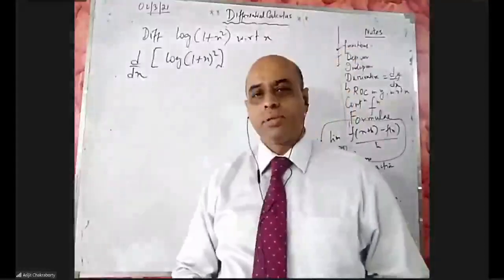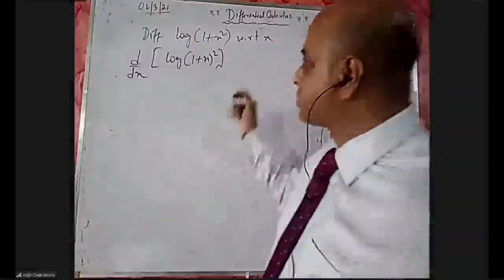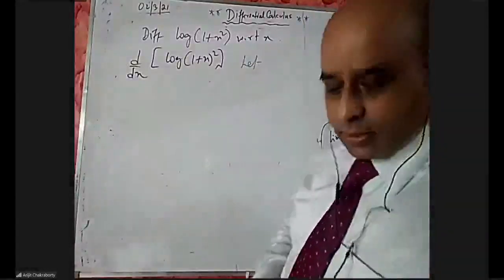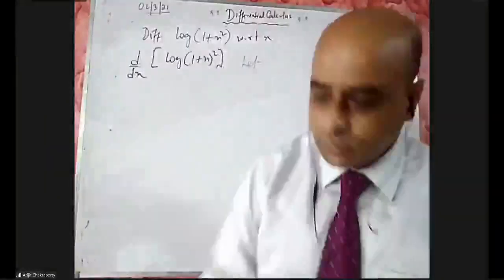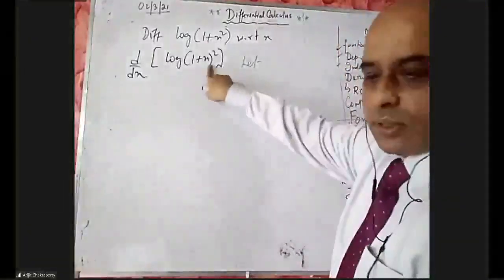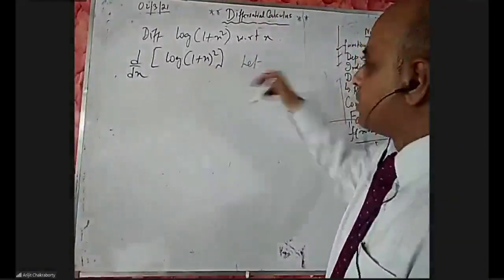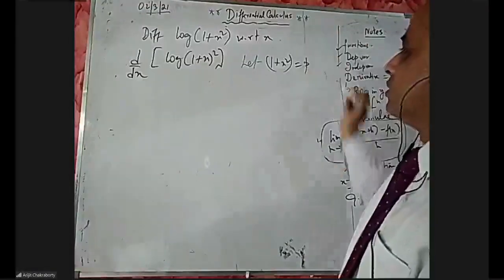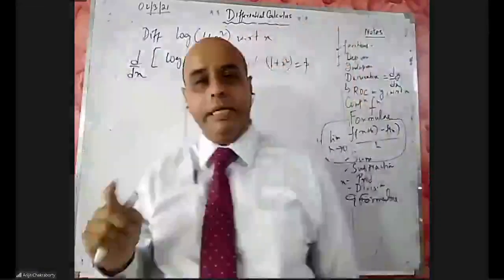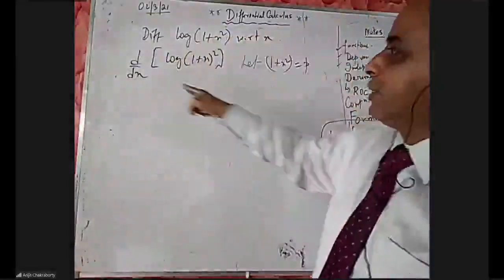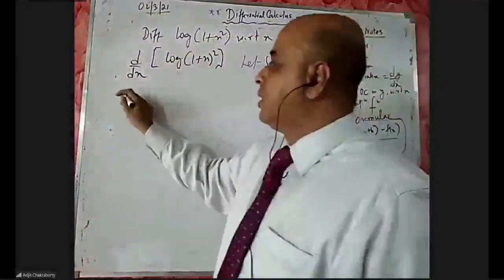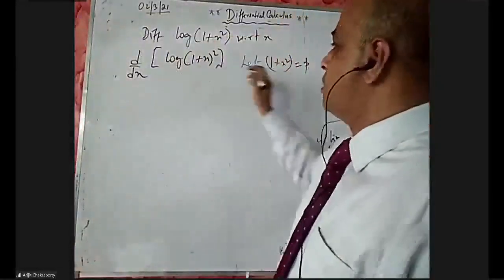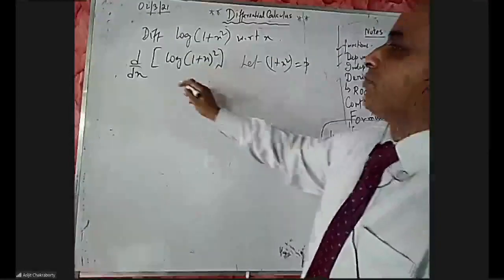So what we do is we simplify. Let 1 plus x square be equal to p. Then log 1 plus x square becomes log p.